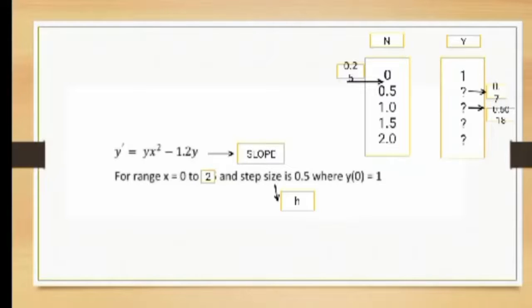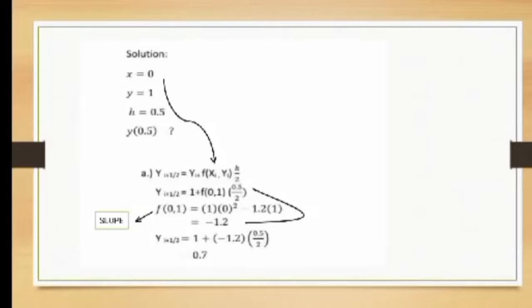The middle interval of 0 and 0.5 is 0.25. x equals 0, y equals 1, h equals 0.5. So that is the initial condition. yi plus 1 half equals yi plus f of xi, yi times h over 2. yi plus 1 half equals 1 plus f of 0, 1 times 0.5 divided by 2.